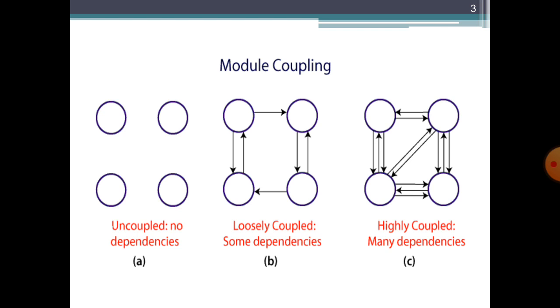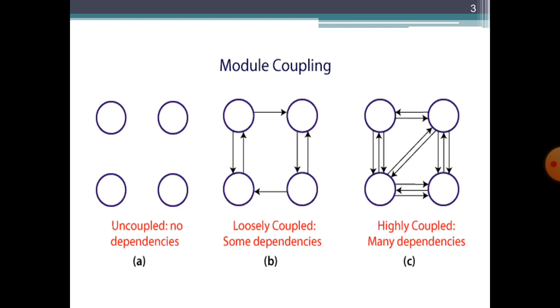So figure A is not coupled at all, and figure B is loosely coupled, which may be acceptable in some cases, but figure C is highly coupled because these modules, with the help of these arrows, are interacting with each other heavily. It is highly coupled, which we also call many dependencies. In a loosely coupled system we have some dependencies, but in an uncoupled system we have no dependencies.